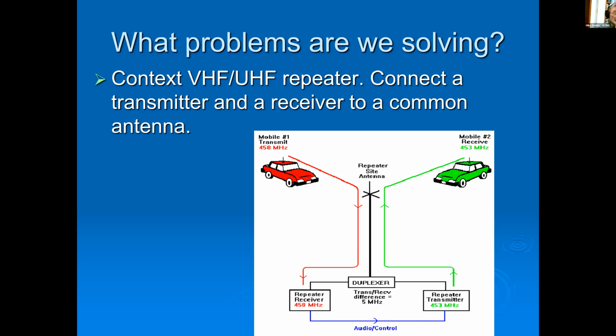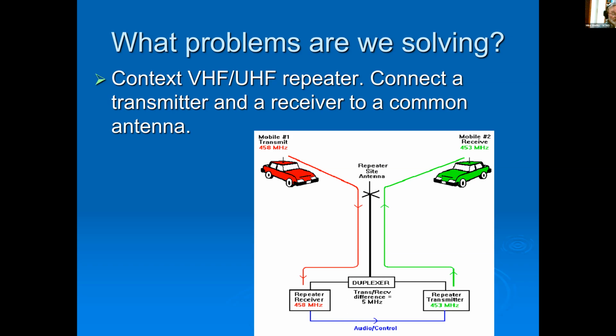So this means that you have a transmitter that is transmitting at the same time that you're receiving. That receiver is on the same band as the transmitter, but there's an offset. There may be an offset of 5, 10, 15, 20, 40 megahertz. Very, very small offset.